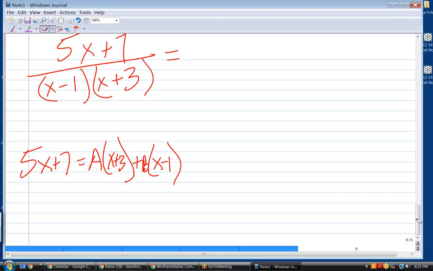The fact is this equation has to be true for all x. Doesn't matter if I put in x equal 10, this equation is going to be true.